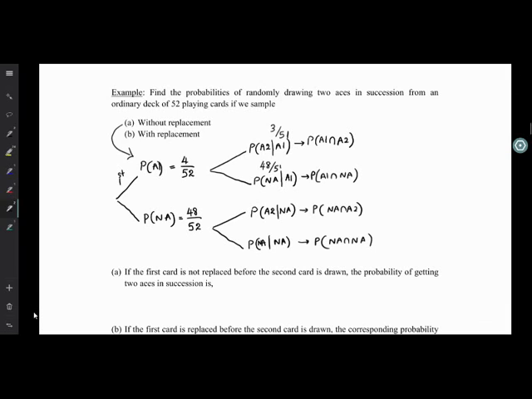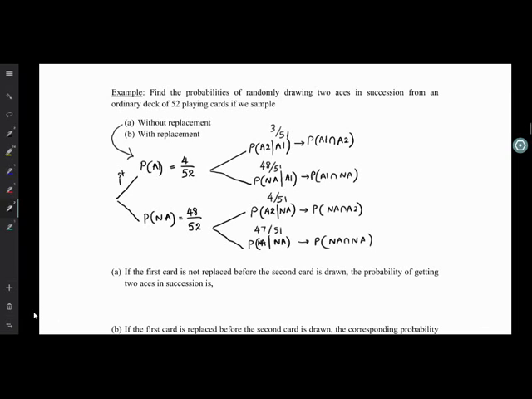When it comes to the third branch, the probability that the second is an ace, knowing that the first one was not an ace: since we haven't touched the aces yet, when it comes to selecting the second one, we still have 4 aces, but the sample space is only 51. When it comes to non-ace cards, since we have already picked a non-ace card, we have only 47 out of 51.